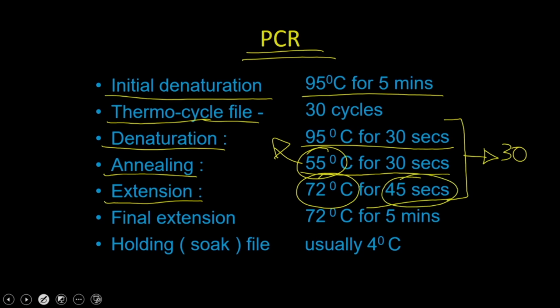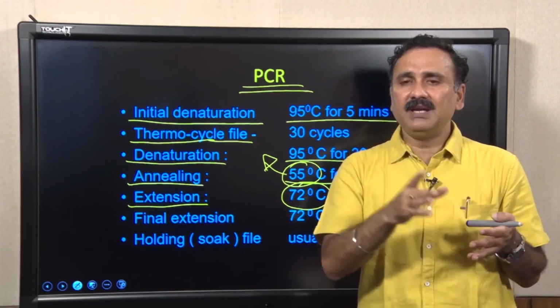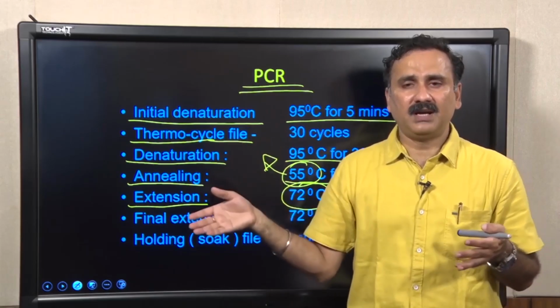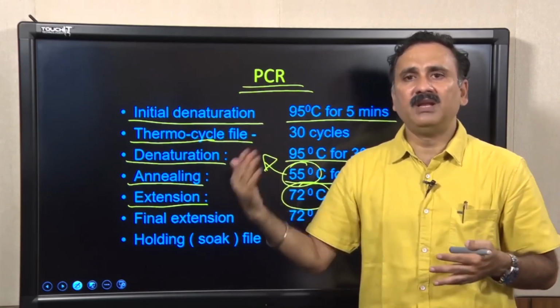The extension time is calculated based on the size of the target DNA, because, as you might have seen, 1000 base pairs are synthesized in 1 minute, which means you can simply divide your target DNA length by 1000 and put that many minutes.